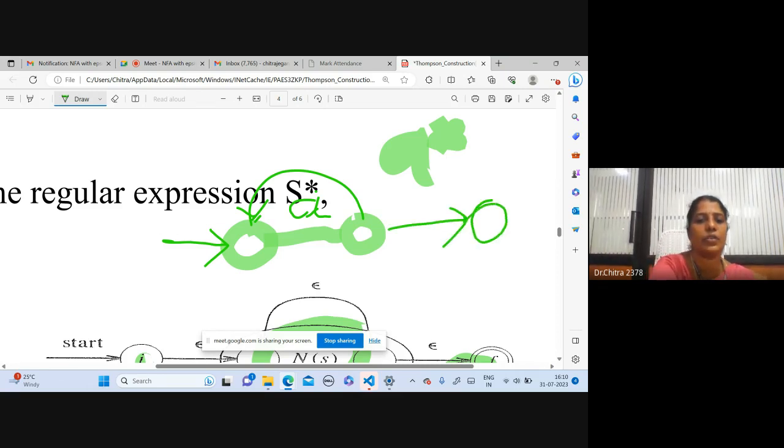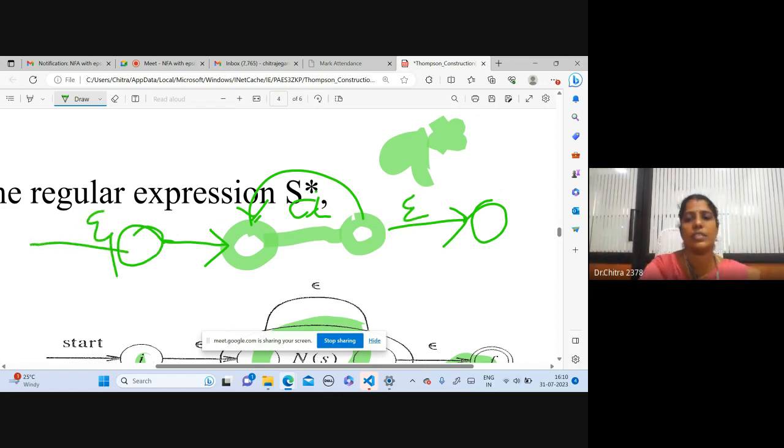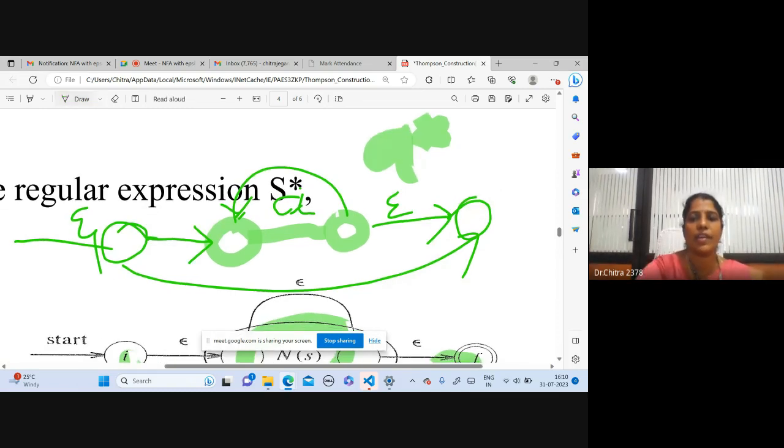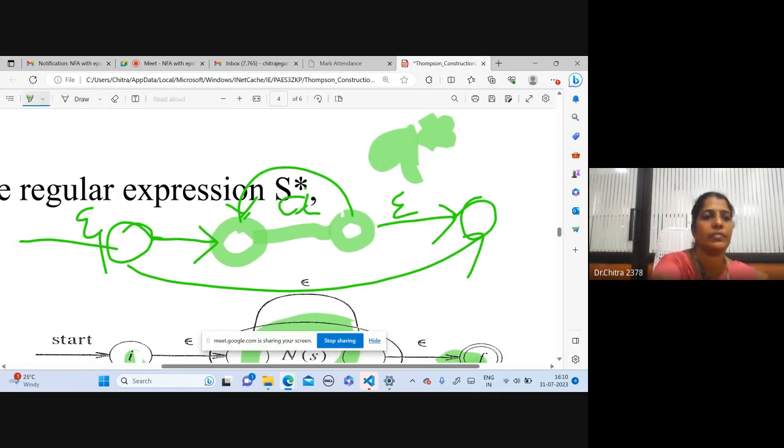So I am creating two more states with the epsilon transition, and from here also I'll make a path for this final state. Consider that this is the final state, and this one is the initial state.